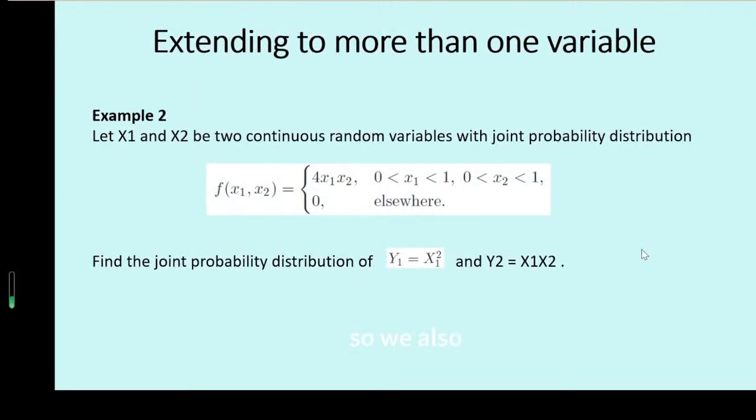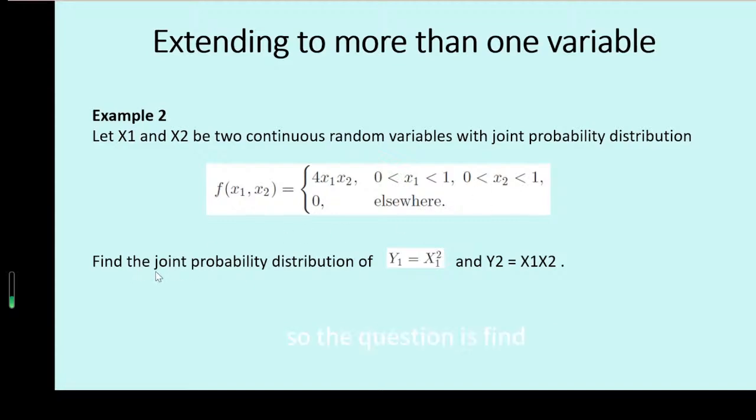So we also take a look at an example. x1, x2 are two continuous random variables with a joint probability distribution whose value is 4 times x1 times x2, with bounding values 0 to 1 for x1 and 0 to 1 for x2.